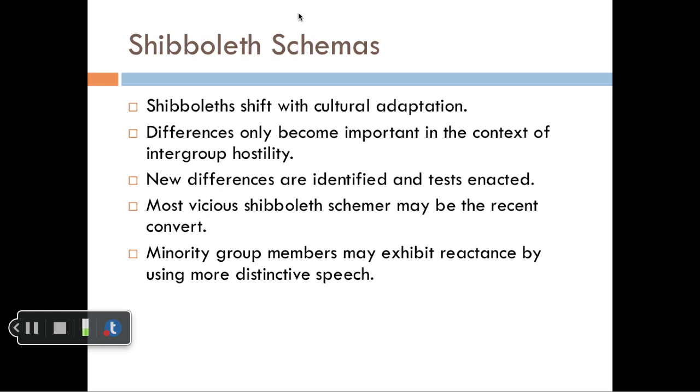Now, with regards to this, however, groups in many situations don't, in fact, want to adopt the speech of other groups, of a more favored group. In fact, minority group members may exhibit reactance by using more distinctive speech from the group that they feel could be an oppressive group.